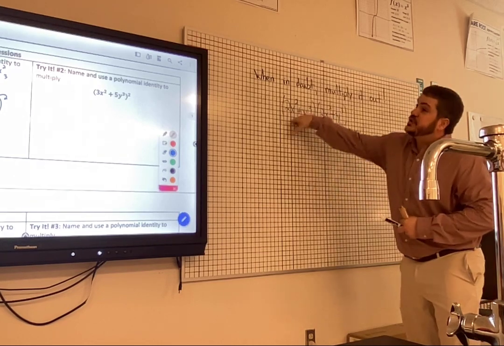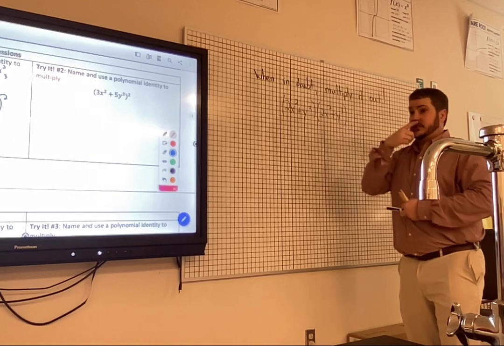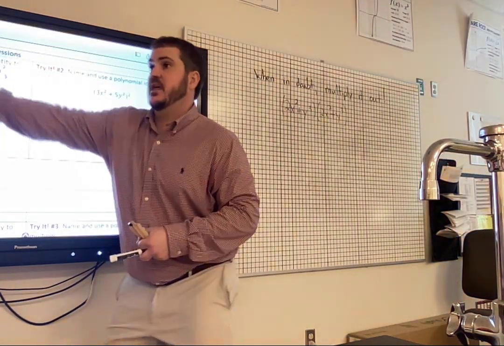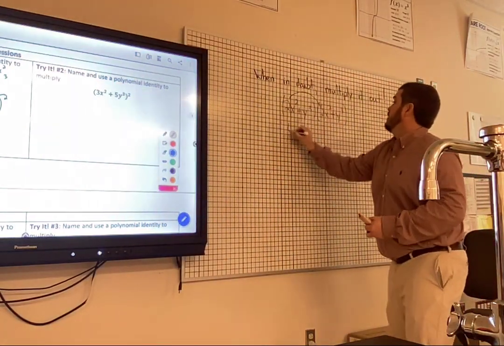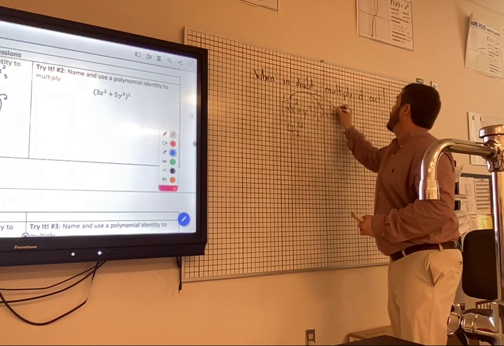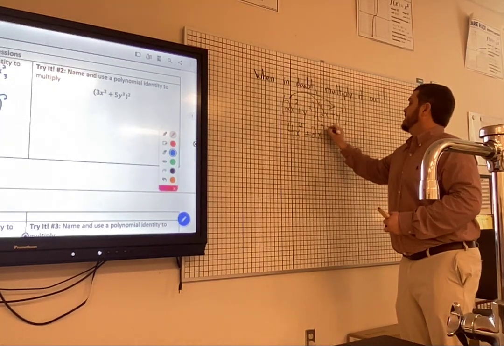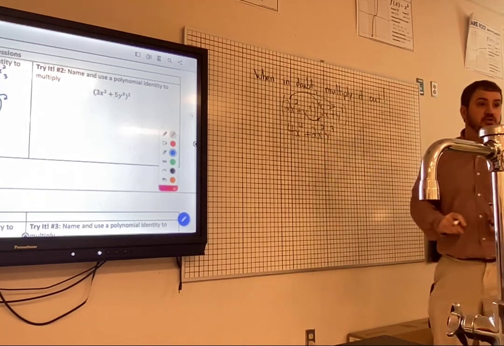You could rewrite this times itself and then distribute it. You are more than welcome to do this. 2x squared times y to the 3rd is 2x squared y to the 3rd. Then distribute. Guys, all this is a shortcut of the distributive property.